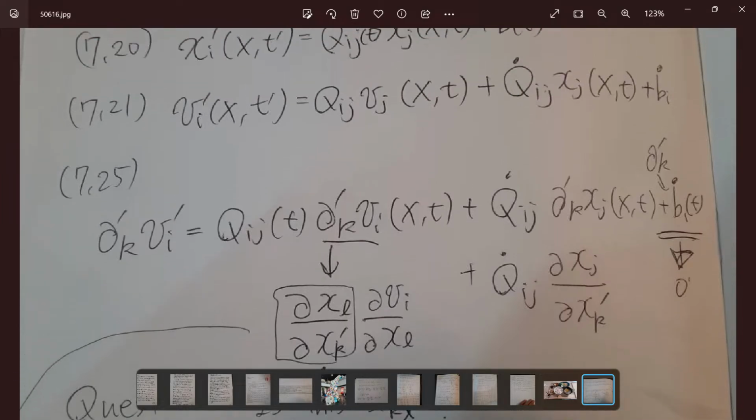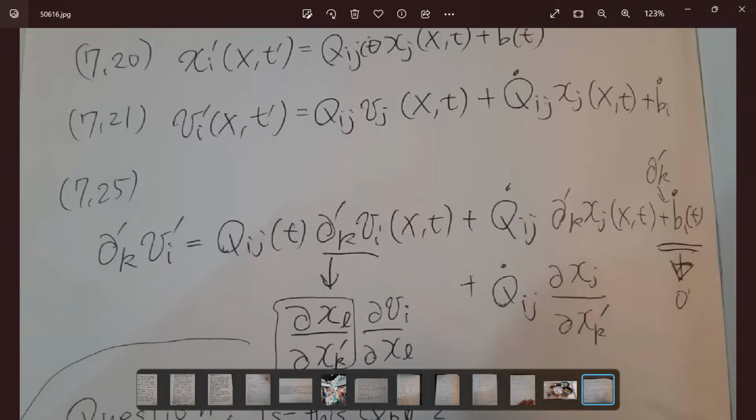Then we take a partial k prime on the left-hand side. And partial k applies to vi here. Yeah, because qij is maybe not, I'm not sure, is it a function of xk, primed k?